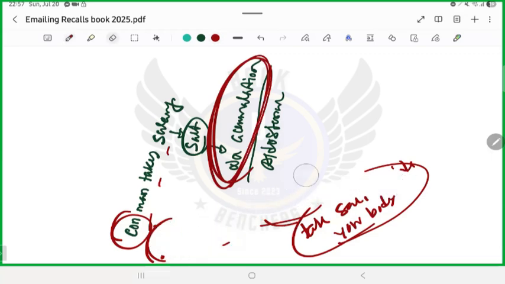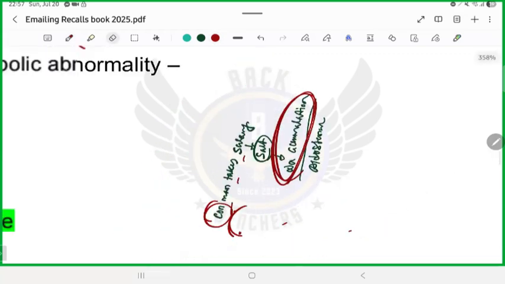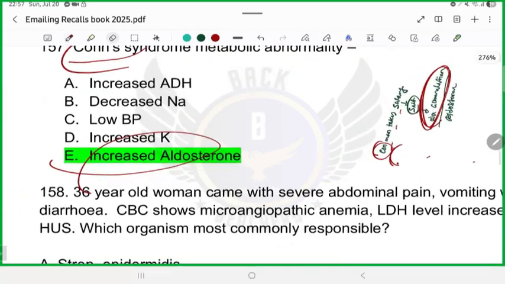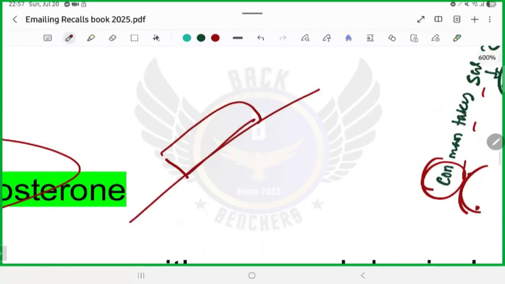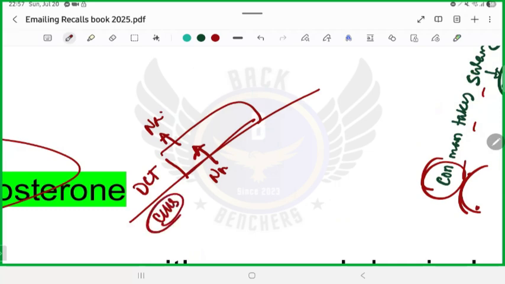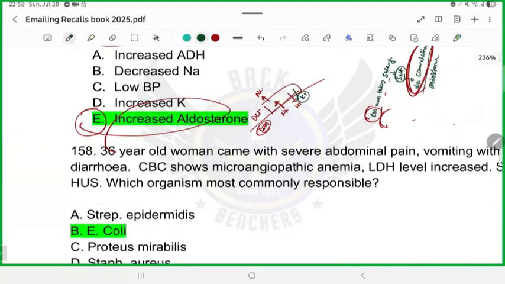So increased aldosterone is the reason for Conn syndrome, because aldosterone increases sodium absorption from our distal convoluted tubular cells in exchange for hydrogen or potassium, either hydrogen or potassium.